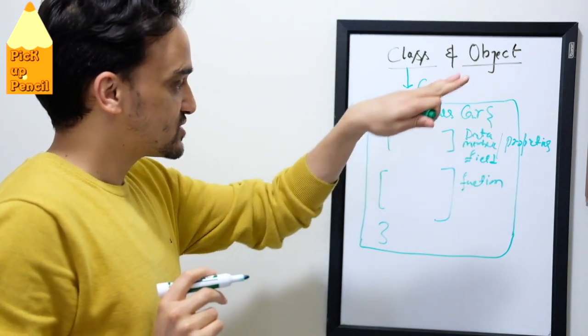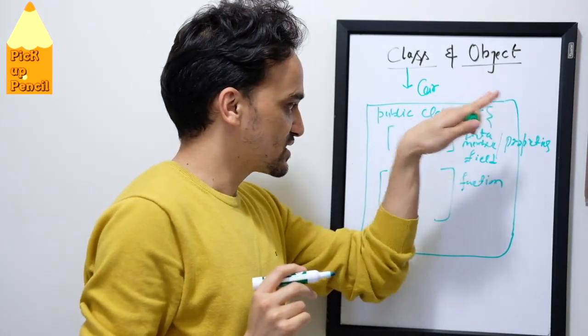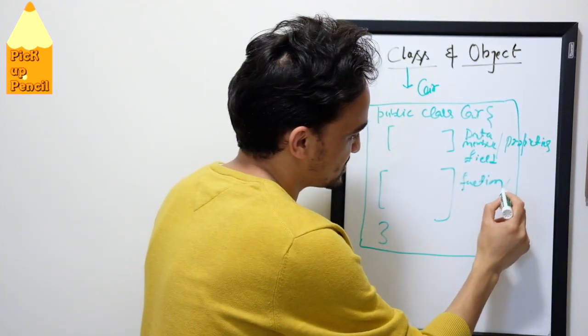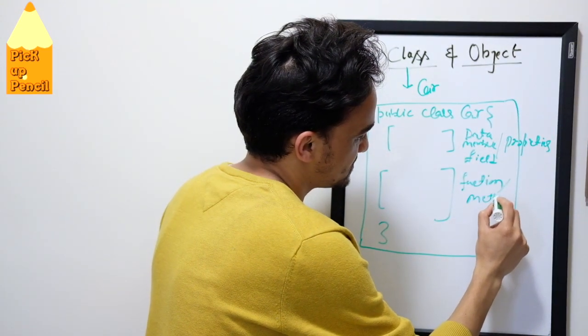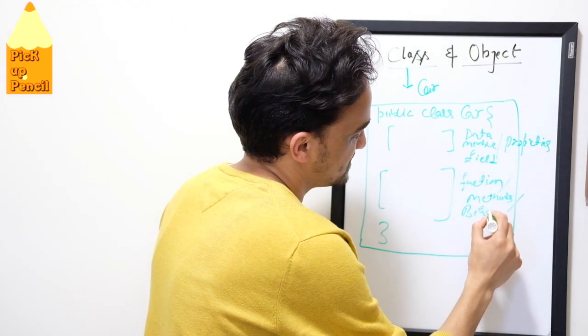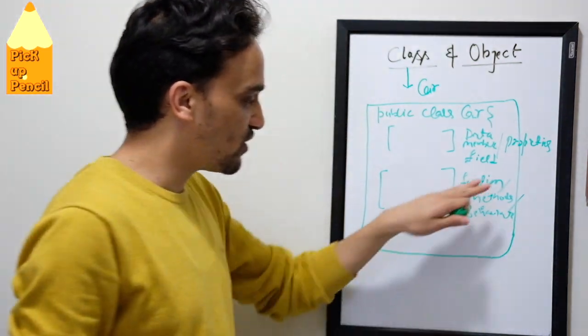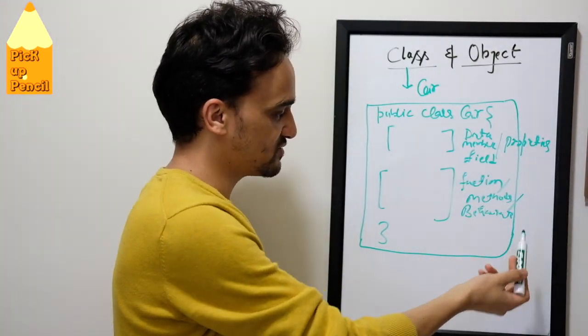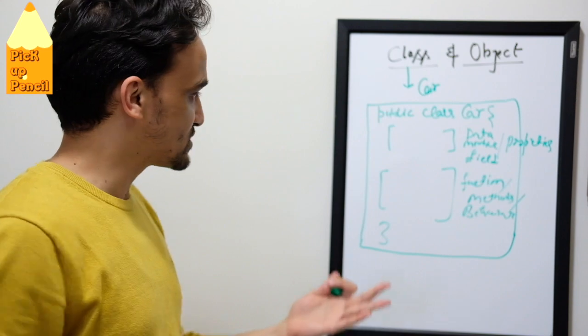We call them data members, or properties, or fields, and then the functions, or we can say methods or behaviors. So do not get confused. All these terms are the same. Either we can say functions, methods, behaviors, it is all the same.